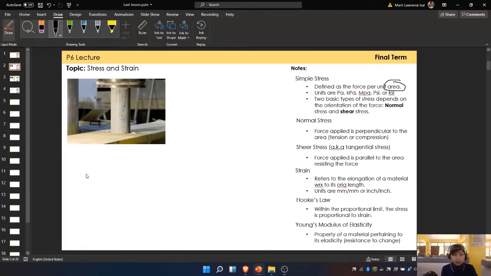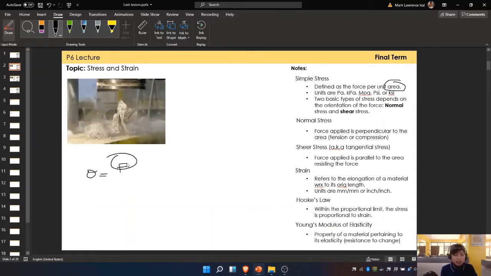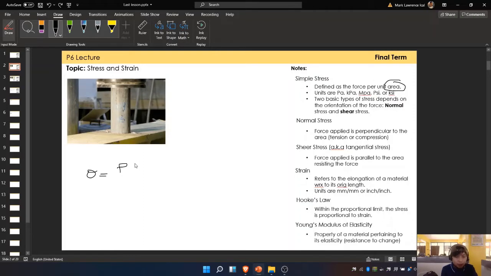The formula for stress is equivalent to the force, P, divided by the area. Malilito yung P na yan, hindi yan yung force na mukha hindi. Nagkataon kasi na may mga books na gumagamit ng letter P to denote force. Pero force yan, divided by the area.